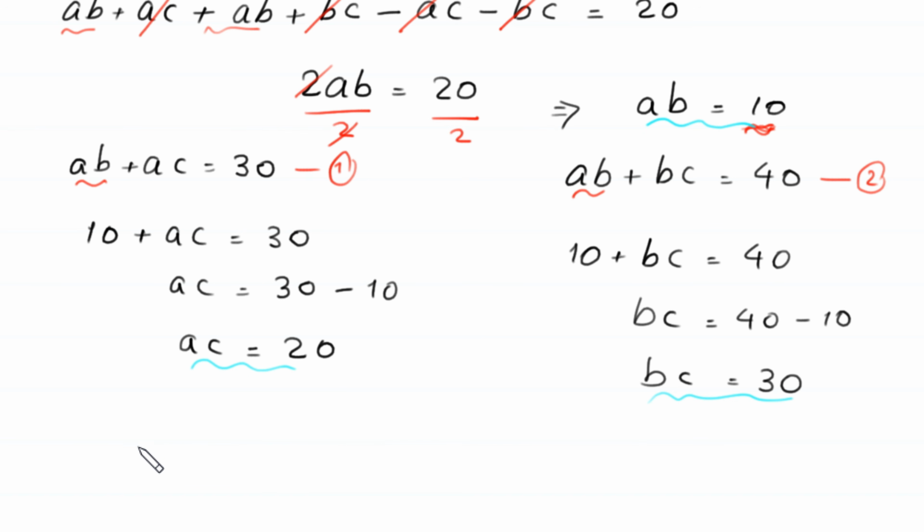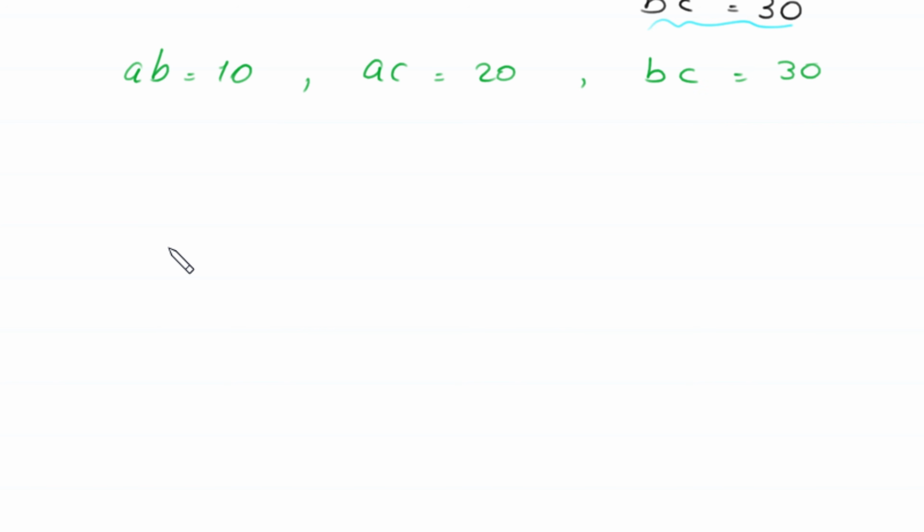So we write these equations: a times b is equal to 10, and a times c is equal to 20, and b times c is equal to 30. Now we multiply these three equations. So ab times ac times bc is equal to 10 times 20 times 30.